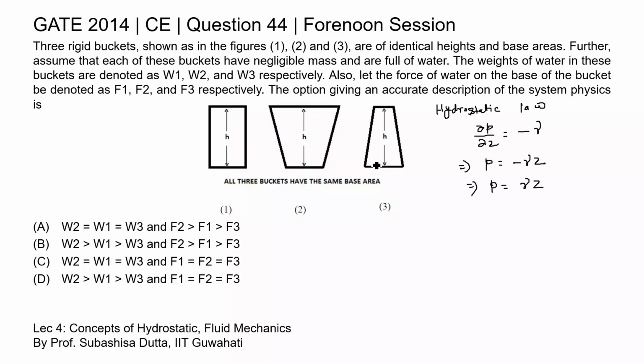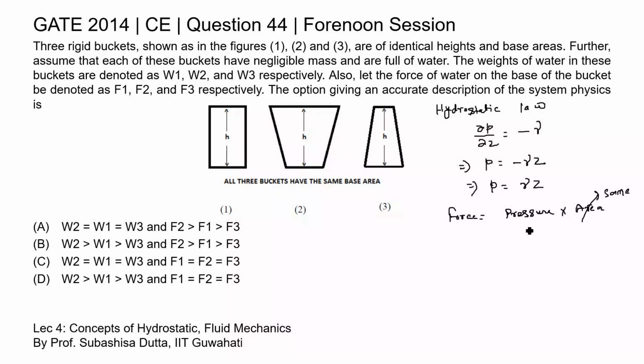So, if we try to write the forces on the base area of each bucket. First of all, force equals pressure into area. So, we know for all these three buckets the base areas are same. Also here by this equation we can see the pressure is directly proportional to the depth only, which is same for all the buckets.